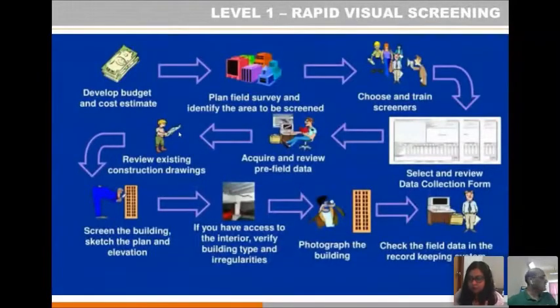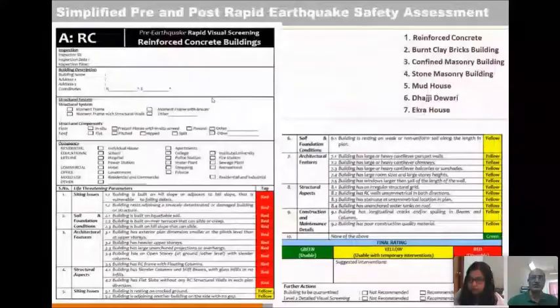So rapid visual screening, the name itself suggests, is random sampling. I'm not going into detail because this can be done after proper training. But a very good piece of news is that NDMA has again taken a very proactive step in defining a unified, simplified pre and post rapid earthquake safety assessment format for different types of building typologies, that is RCC, load bearing structures, confined masonry, stone buildings, mud houses, dhajji dewari, even ikra houses.